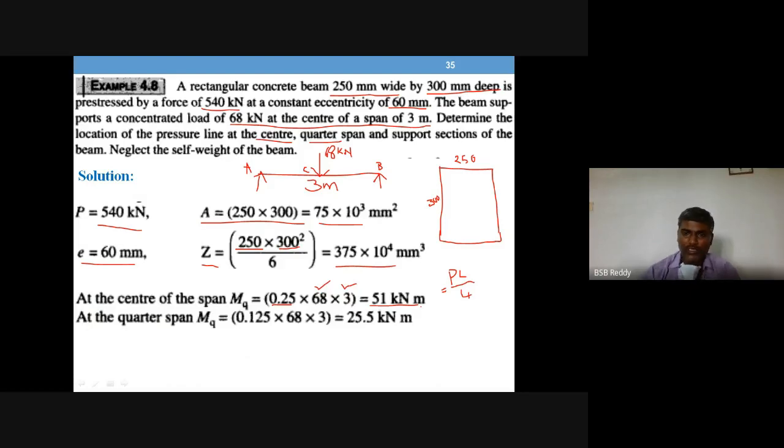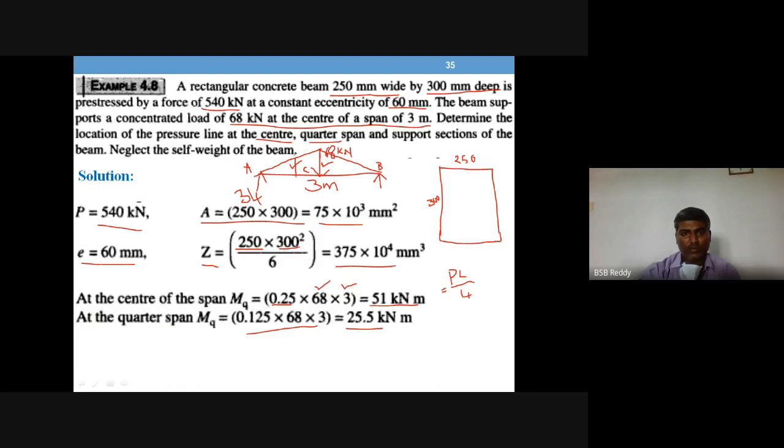And at quarter span, because of the linear bending moment diagram, which will be a triangle symmetric in nature, if you have a bending moment of some value x at the center, it will be just half of the value at half the distance because it is linearly varying. So you can straight away take half of the value, or you can work it out with the reaction. The reaction is 34 kilonewton.